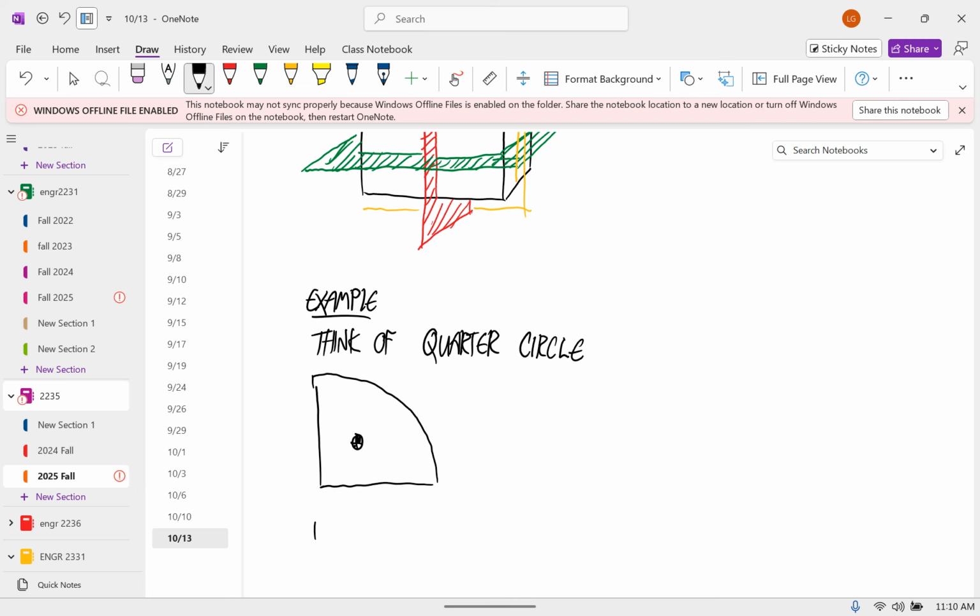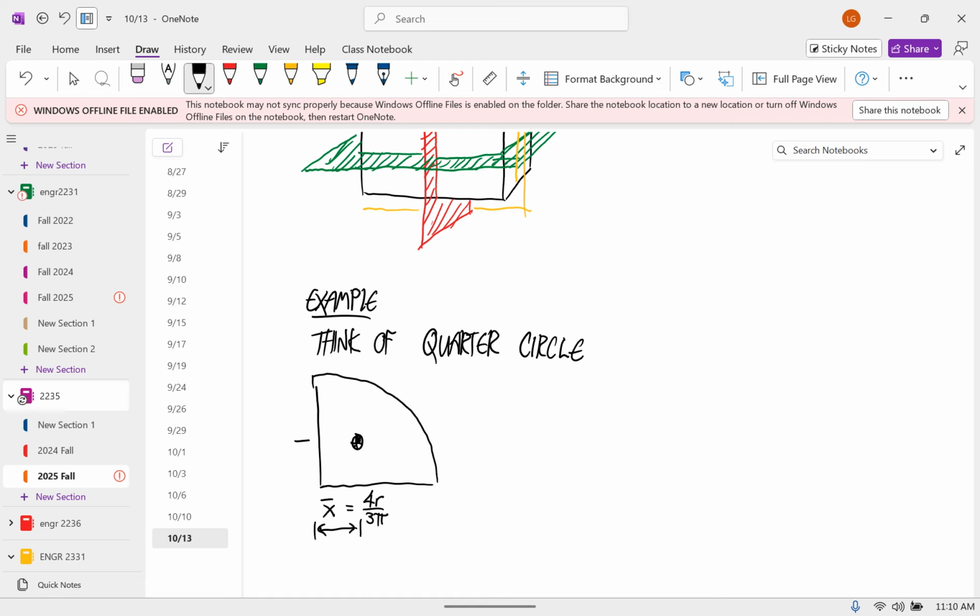We were given that I called this X bar, and that was equal to 4r over 3 pi. Is that right? 4r over 3 pi, yeah.